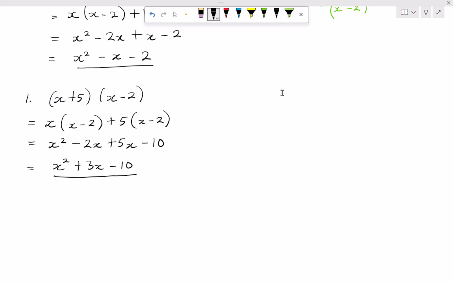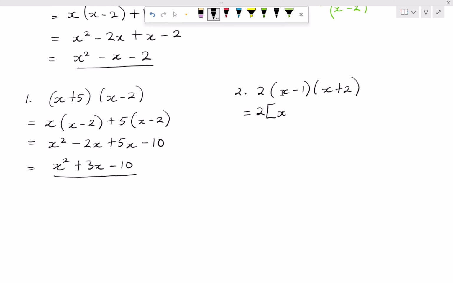All right, so let's do example number 2, where we have 2 on the outside, then we have x minus 1 and x plus 2. Okay, so we can put 2 as a placeholder like that. And then we deal with what is in the brackets first.